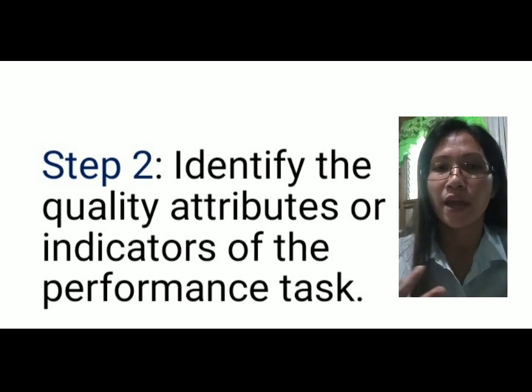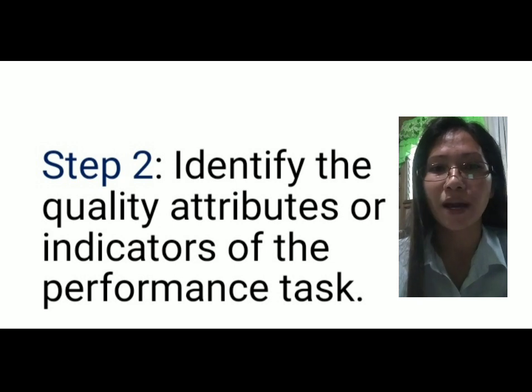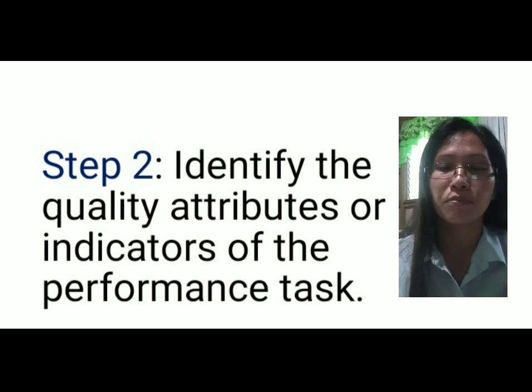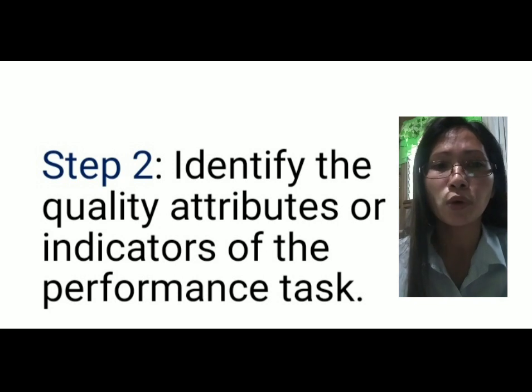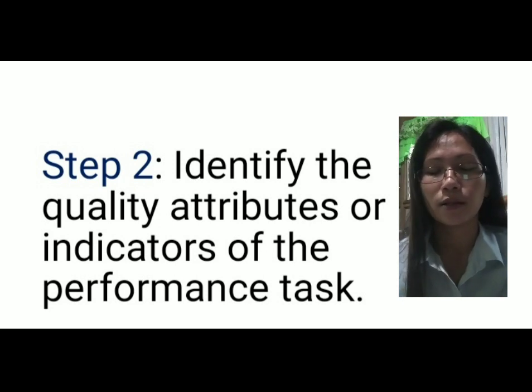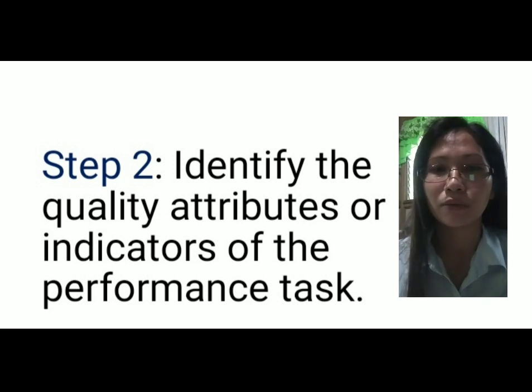So you may explore and specify the skills, knowledge, and behavior that you will be looking for in one's performance. So be sure to limit the characteristics to those that are important.